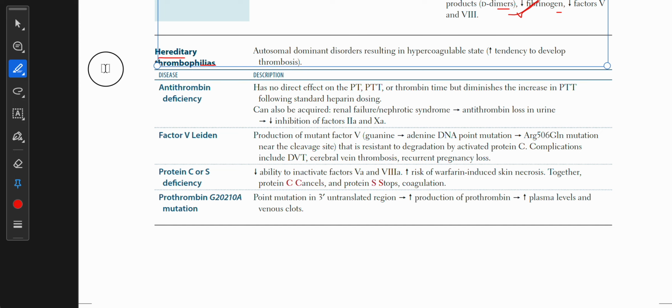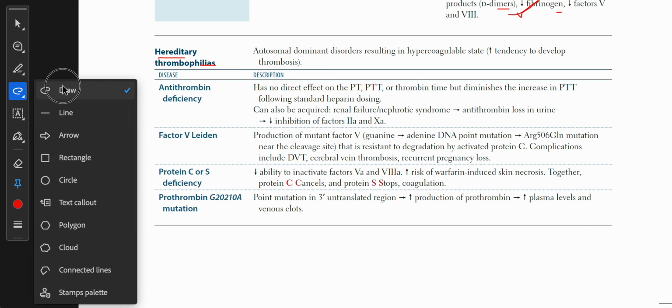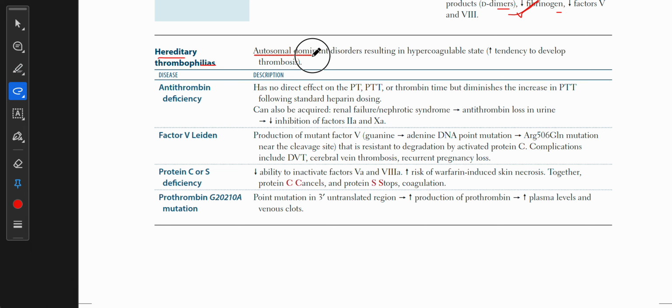So there are hereditary thrombophilias, which are autosomal dominant disorders resulting in a hypercoagulable state, and that will lead to an increased tendency to develop thrombosis, right?